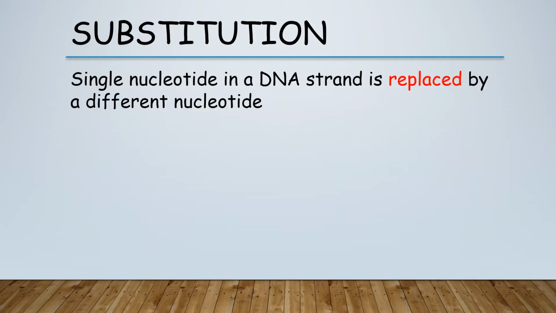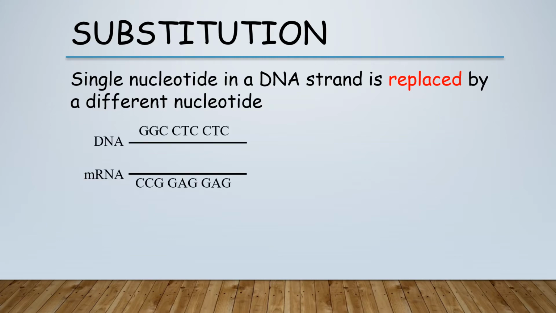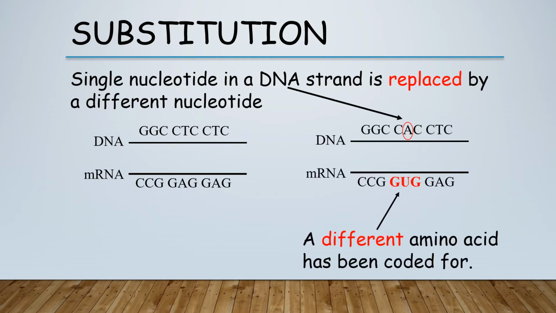Starting off with substitution, as you would expect from football or hockey, the substitute, you are replacing a single nucleotide in a DNA strand by a different nucleotide. Here we've got a sequence, our DNA, GTC, CTC, CTC. And what we've done is we've replaced that T with an A in our second codon.